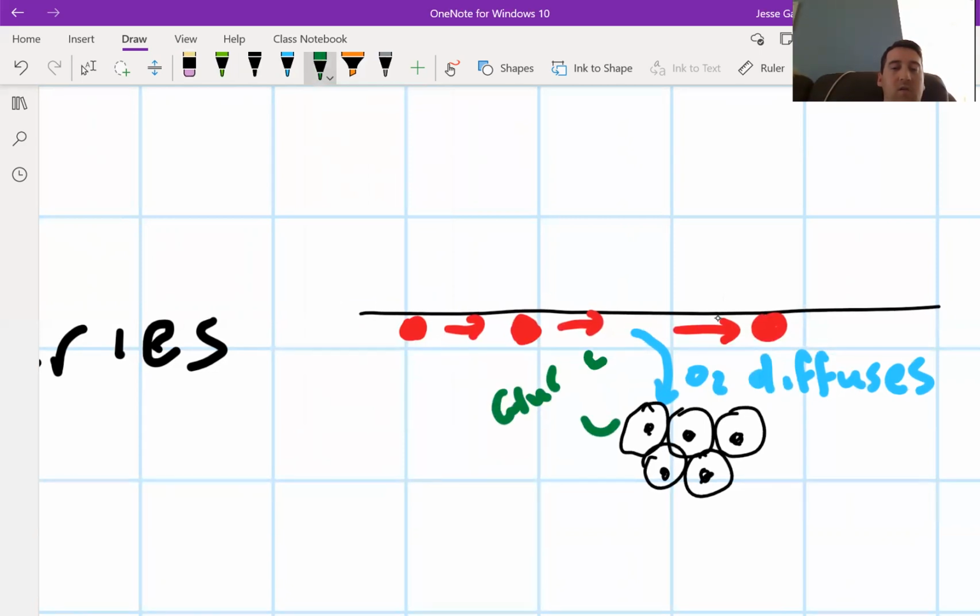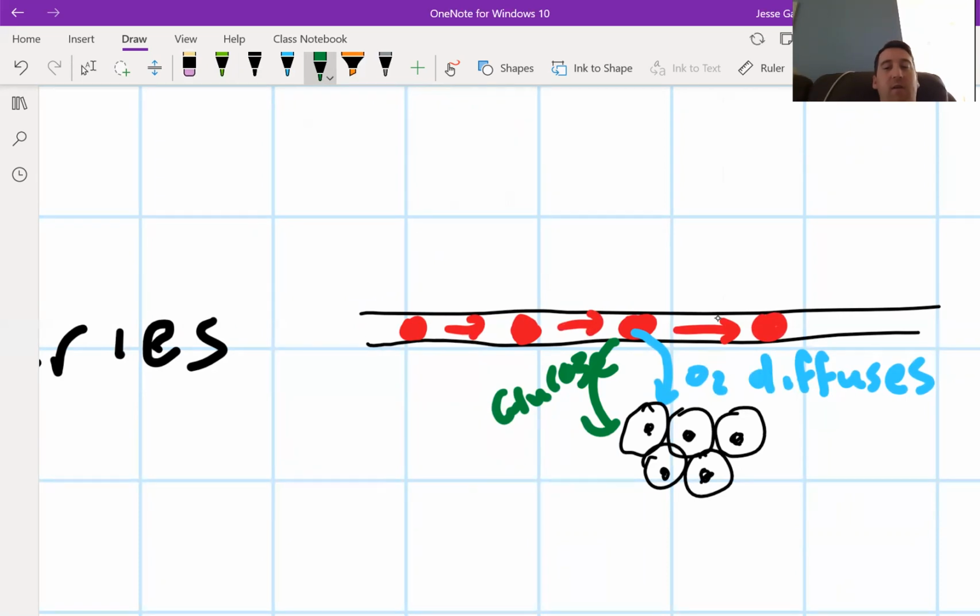Okay, so the materials that the blood is carrying are able to diffuse. So the oxygen diffuses out of the red blood cells and the glucose diffuses out of the plasma of the blood. And then it can be delivered to the cells where the capillaries pass.